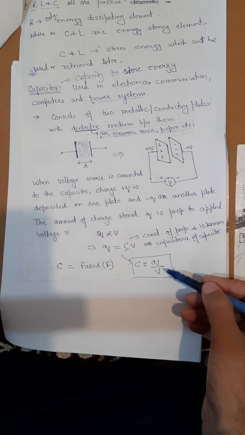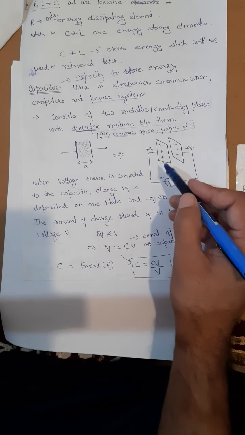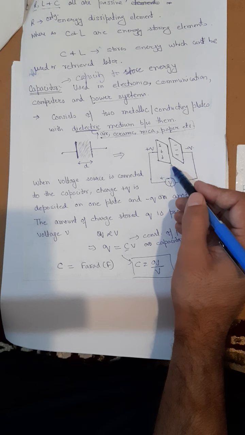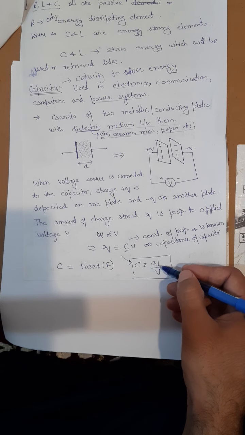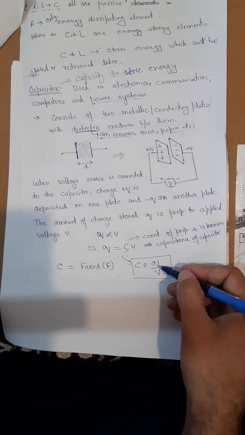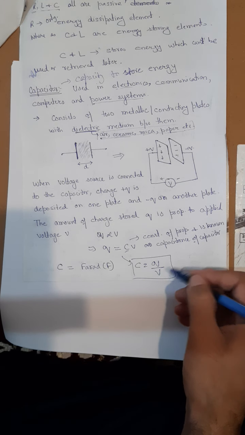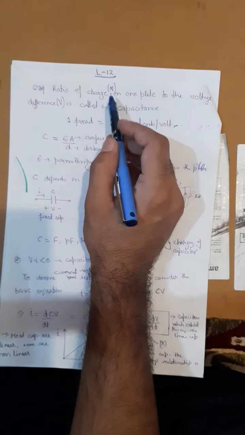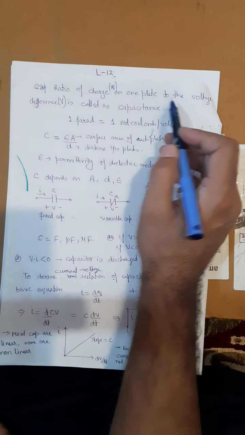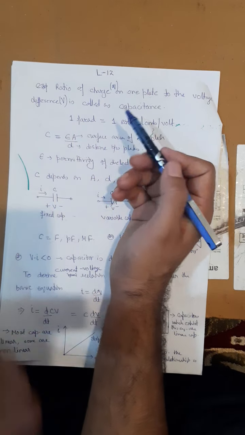I say charge on one plate because the voltage is the voltage that will appear across the plates. Remember, it is the charge on one plate to the voltage difference between the plates that is called the capacitance.